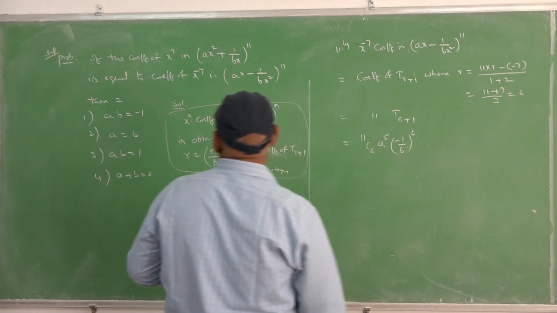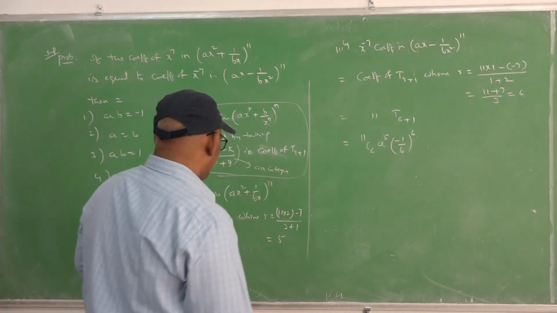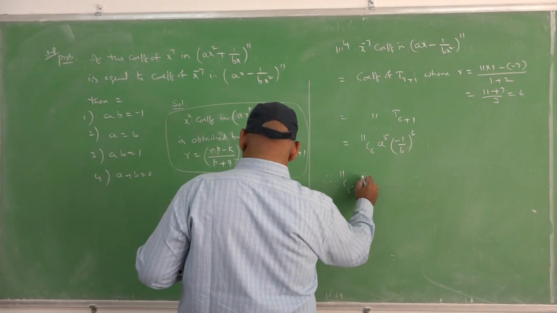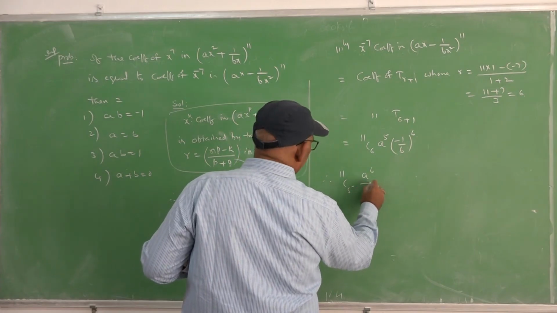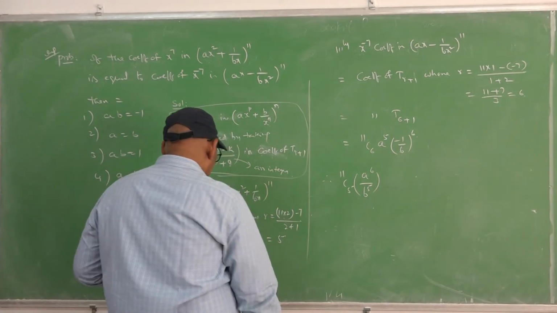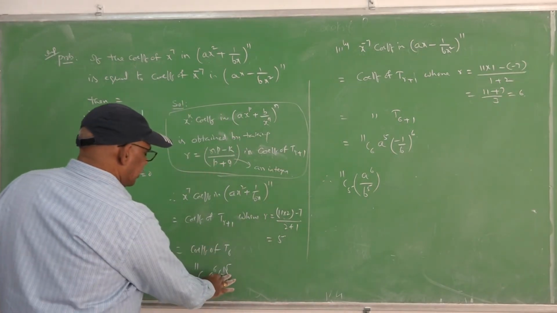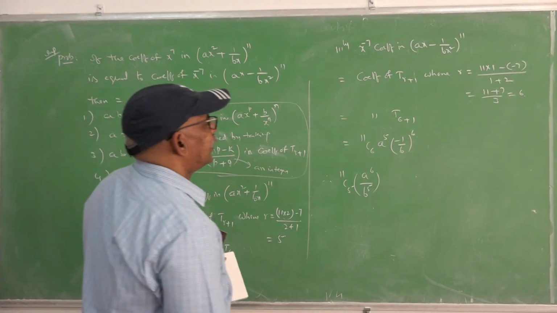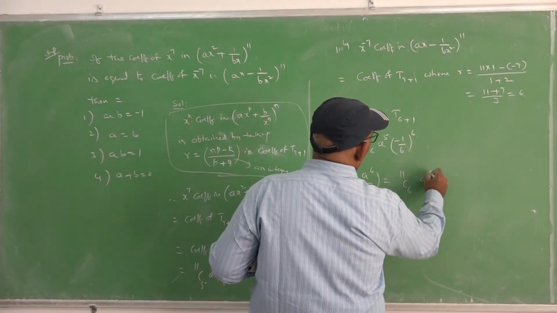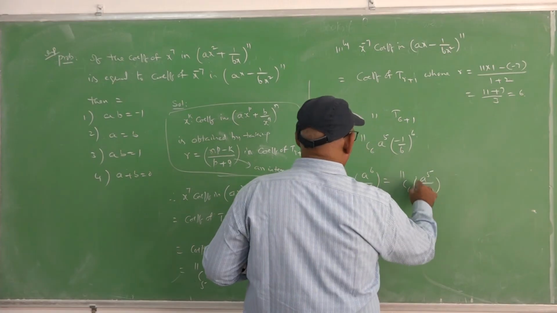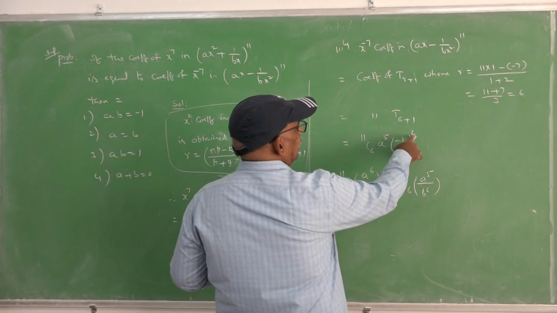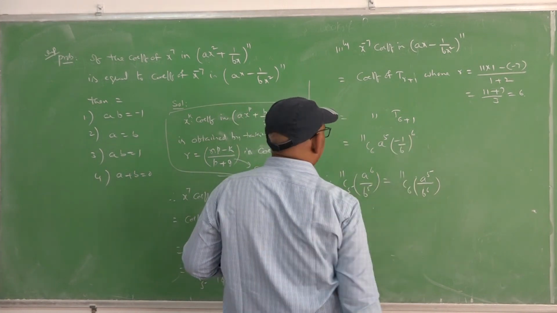These two coefficients are equal. So therefore, 11C5 a power 6 by b power 5 is equal to 11C6 a power 5 by b power 6, because it gives us the even power, hence we get positive here.